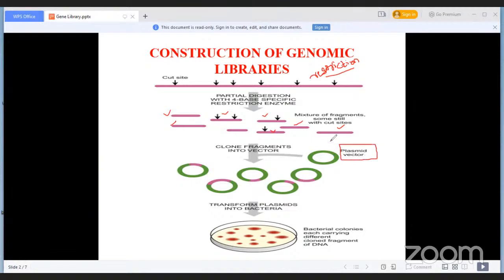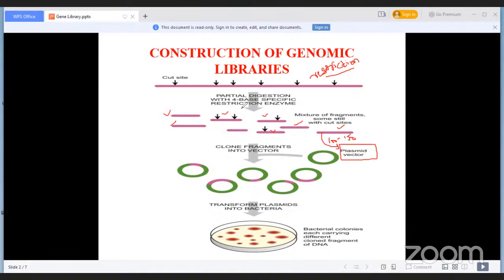If the content is smaller, we can use the plasmid vector. For example, if the fragment is just 100 to 150 nucleotides, we can use the plasmid as a vector.